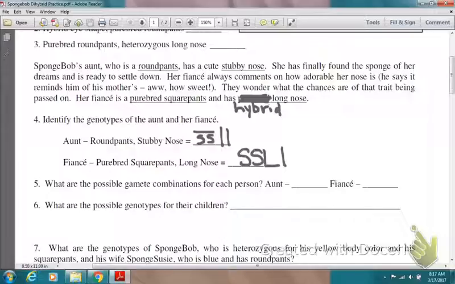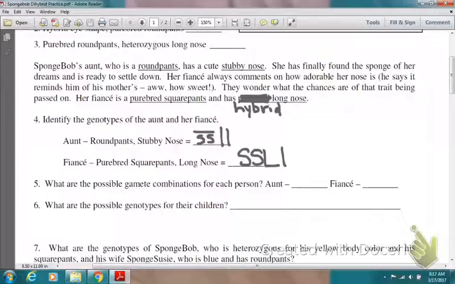So the possible gamete combinations for each person: from the aunt, you're going to get an allele each for round pants and stubby nose. She only has one kind to give for body shape, and that's just a little s. That's it.